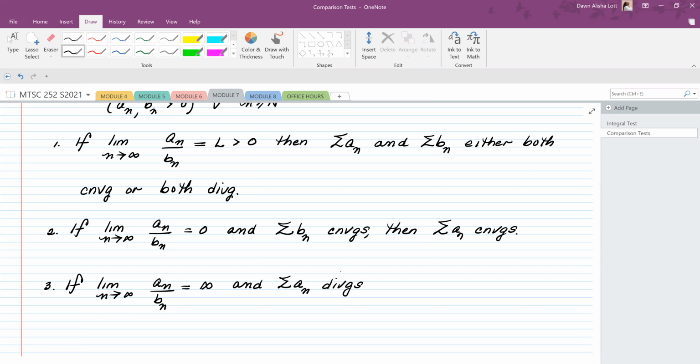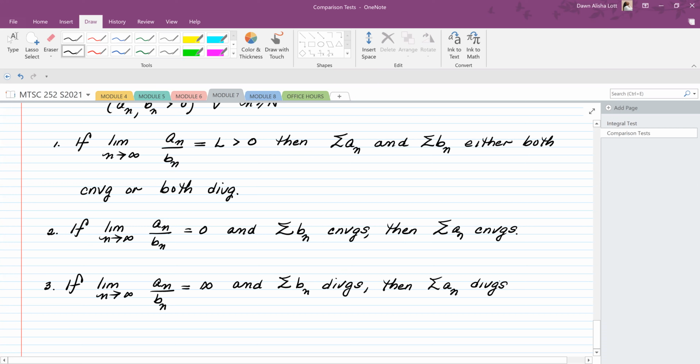Actually, that has to be summation bn. Then summation an diverges.